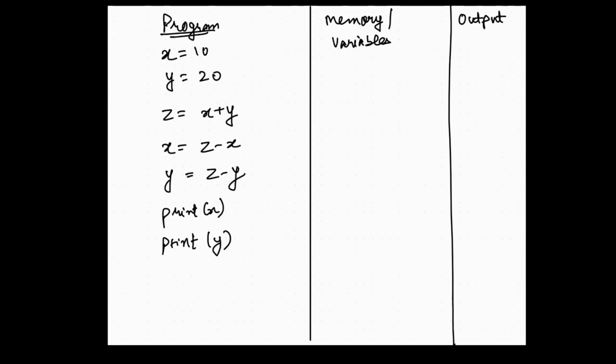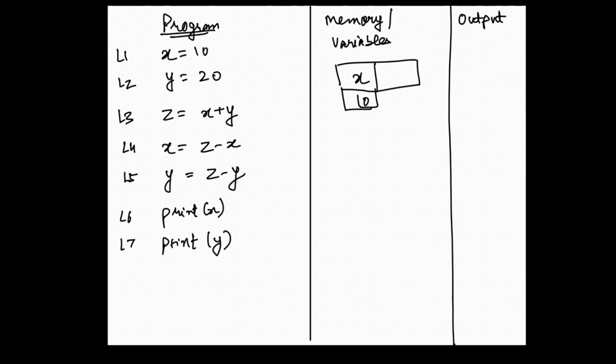So first, let's go to line number 1. We execute line number 1. It assigns the value 10 to the variable whose name is x. So at this point of time, we have a single memory assigned, a variable x, whose value is 10.